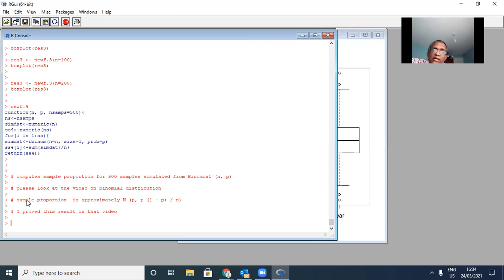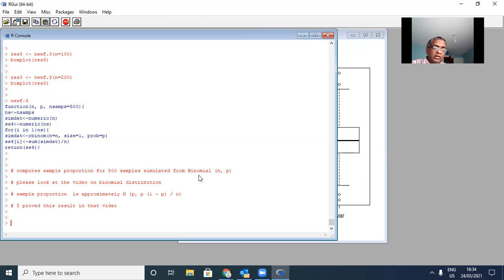Okay. All right. Now what I'm going to show you in the last part of the tutorial sheet is to illustrate this theoretical result, that the sample proportion is approximately normal with these parameters. Because this is a theoretical result, it must be true, right? So I just want to illustrate it using simulation.